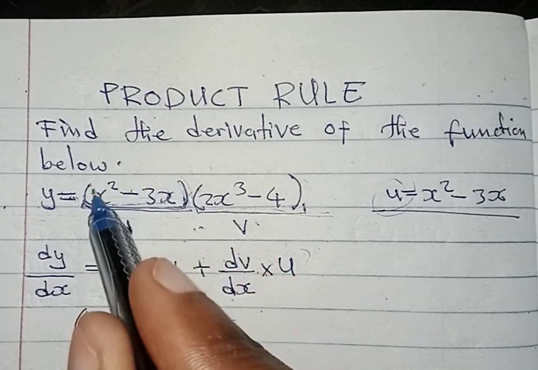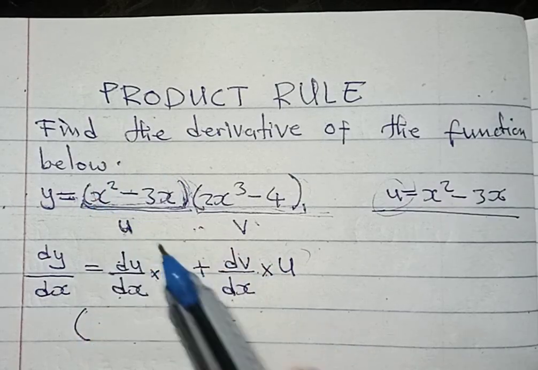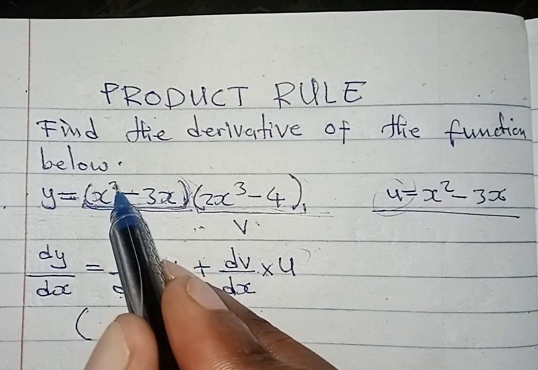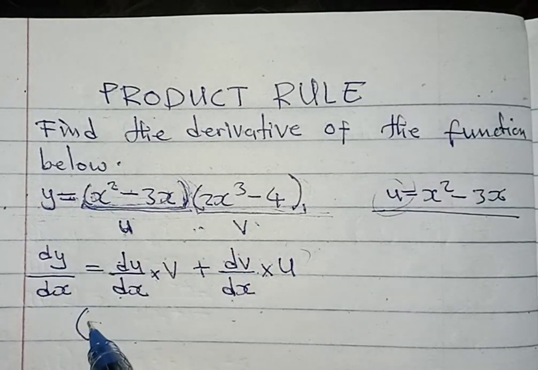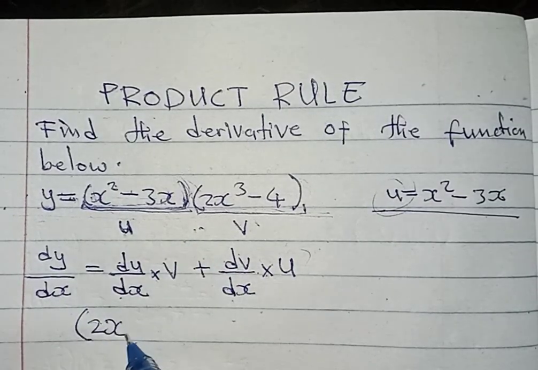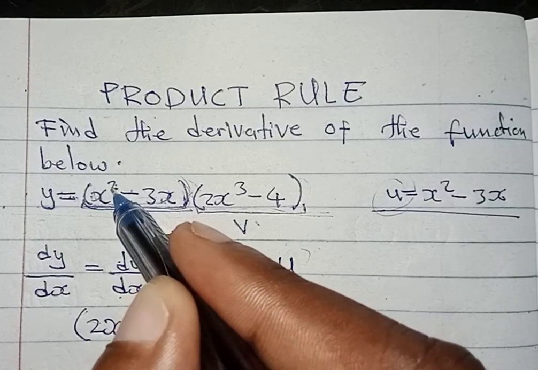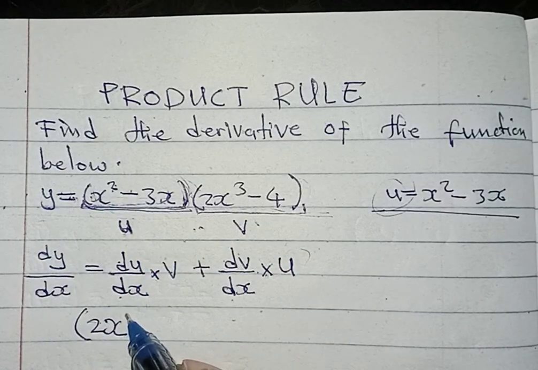What is the derivative of this function? So to differentiate this function, we say 2 multiplied by 1, we get 2. Then drop this x like that. Then reduce this 2 by 1. So 2 minus 1, we get 1.